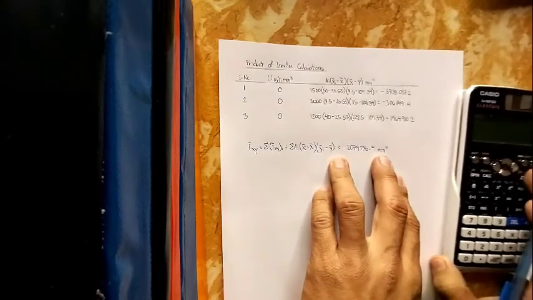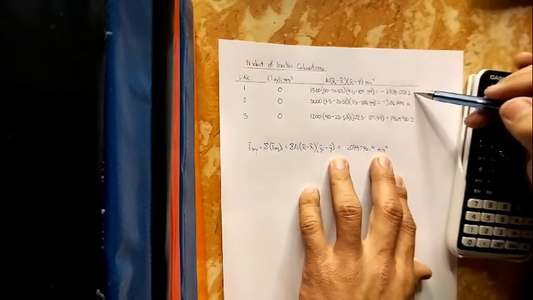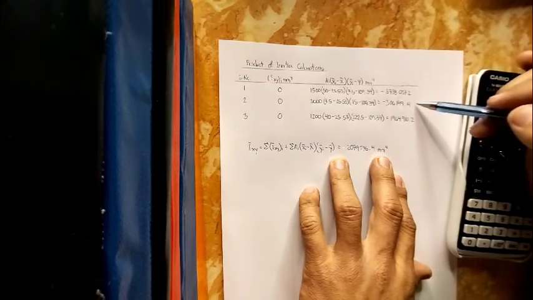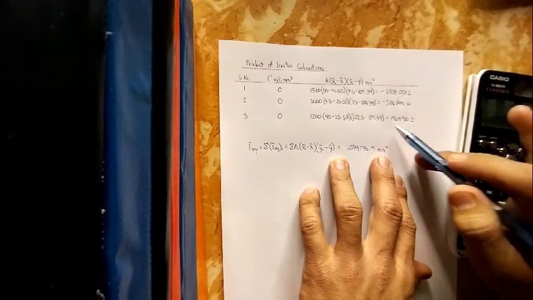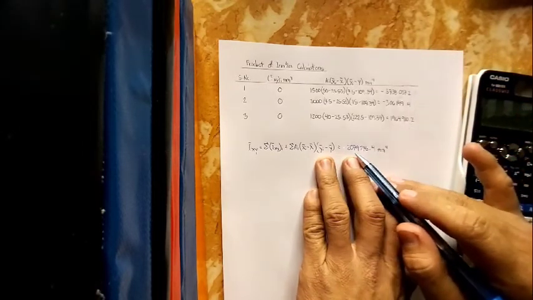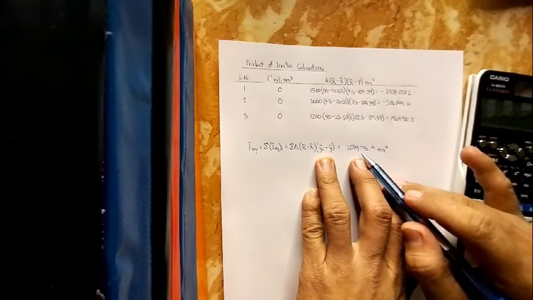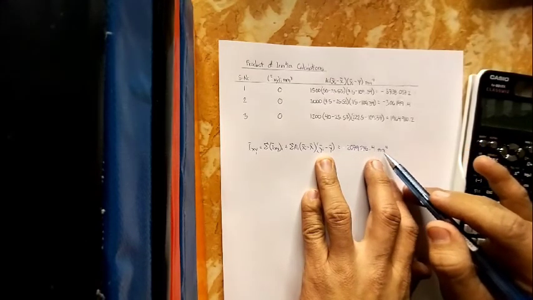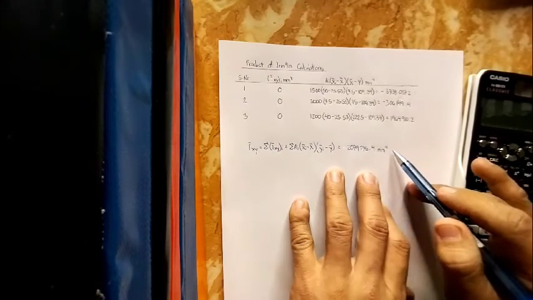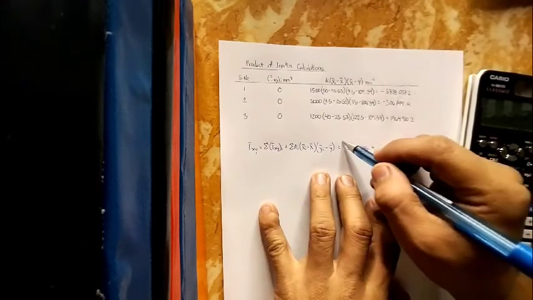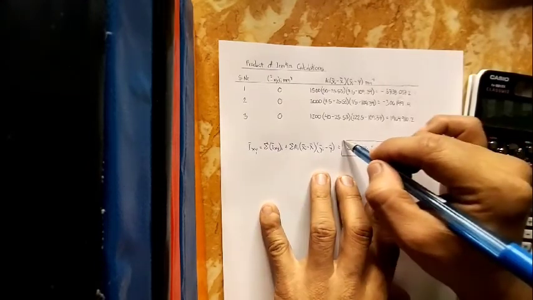Nakuha natin ito siya kasi inadd natin or tinotal natin at ang kinalabasan is negative 2,079,276.4 mm raised to 4. Ito yung product of inertia natin. Negative siya.